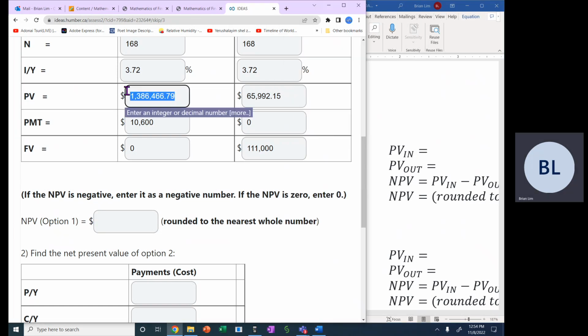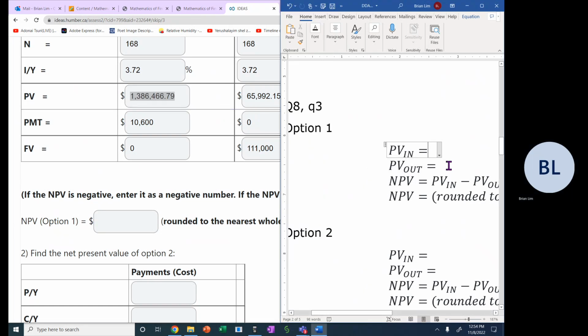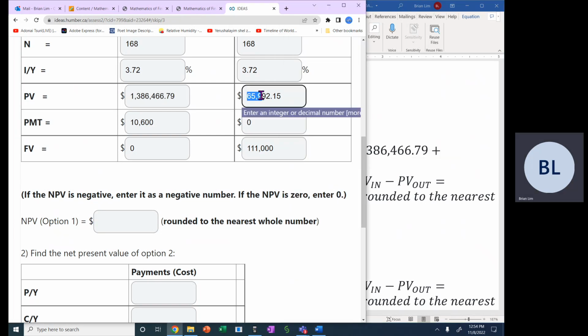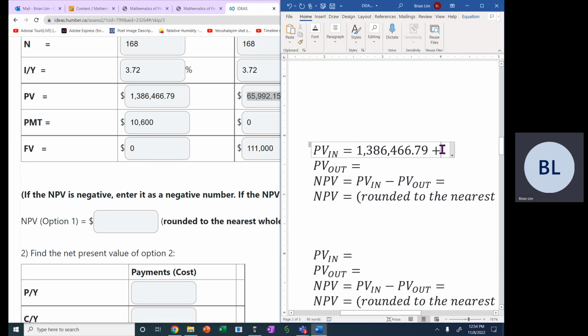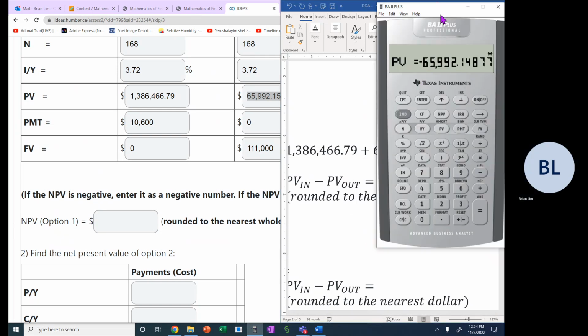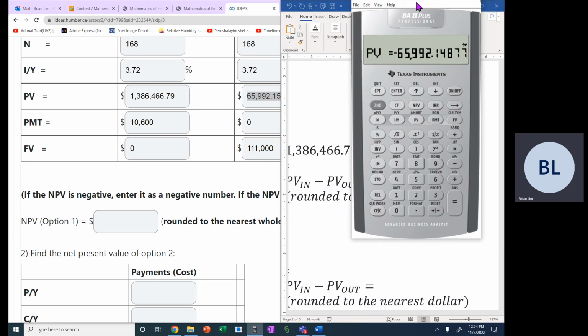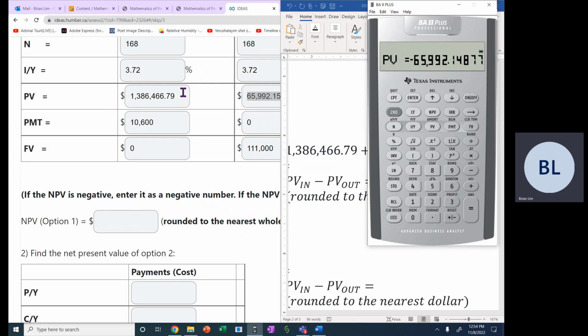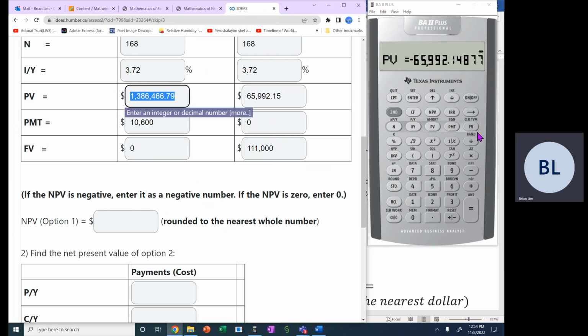Okay, so we'll take this first number here and we will insert it into this right here. Okay, and then we will add this number right here, put that into here. And we will get a total. Now, let's get the calculator up so we can do the job. So we have the first value, right? So that is the present value.